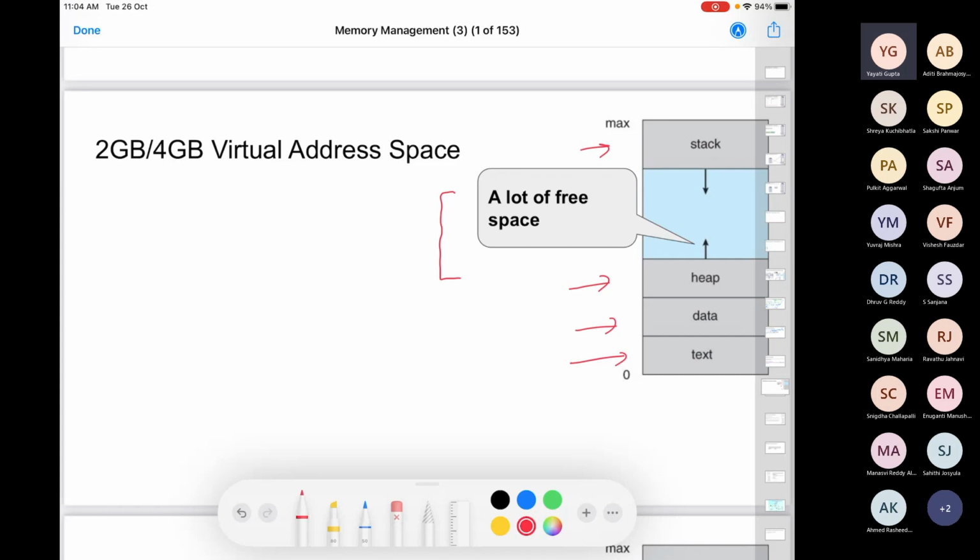Why do we have this memory corresponding to heap and stack? This is actually the part where your process grows. As you need more and more dynamic memory, the heap part grows. As you make more and more function calls, the stack part grows. But let's say at that time in your process you haven't called any function or you haven't allocated any dynamic memory, then none of this space is being used by the process as of now.